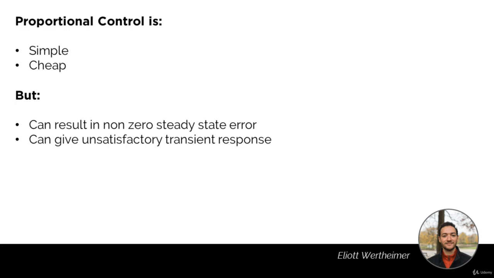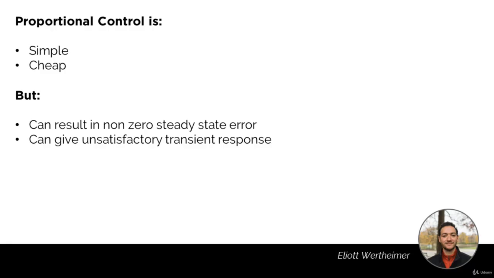However, at some point, the error is too small for the proportional control to have any effect, because the proportional control is just a scaling of that error. So in the end, on the long term, the error will reach a too small value for the proportional controller to have any effect anymore, and that error will remain the same.